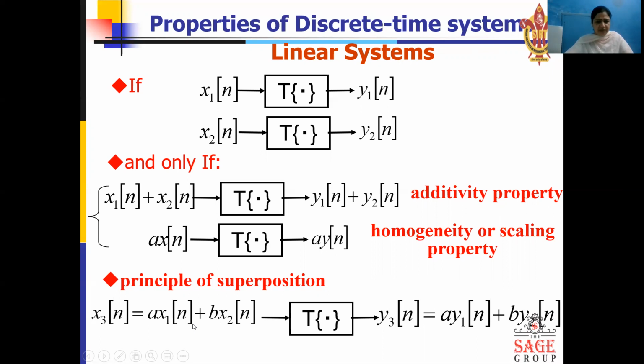According to the linearity property, if I give input a x1[n] plus b x2[n] to my discrete time system, I should get the output a y1[n] plus b y2[n], where y1[n] is the output corresponding to input x1[n] and y2[n] is the output corresponding to input x2[n].